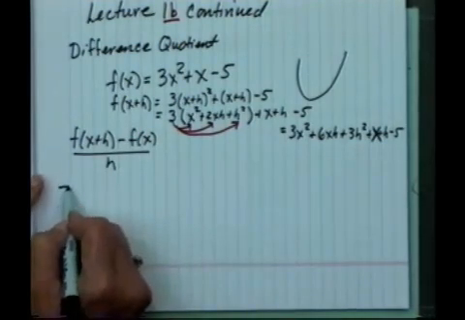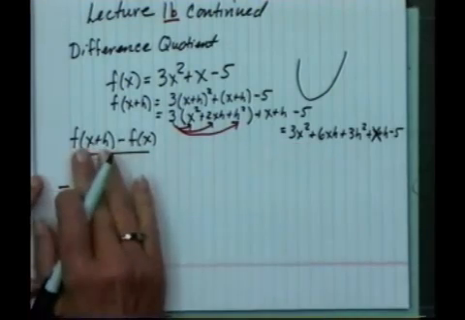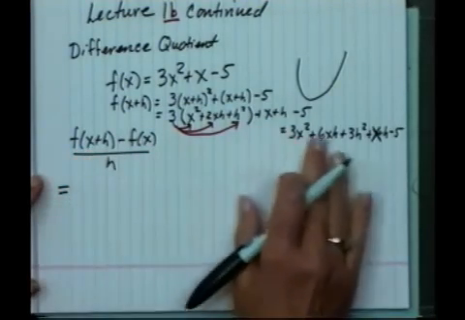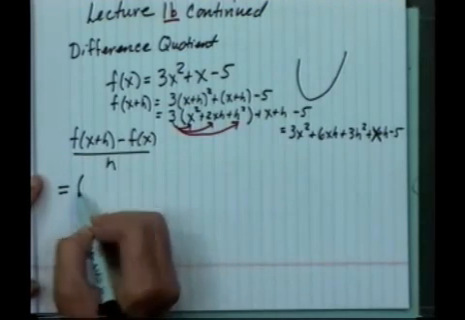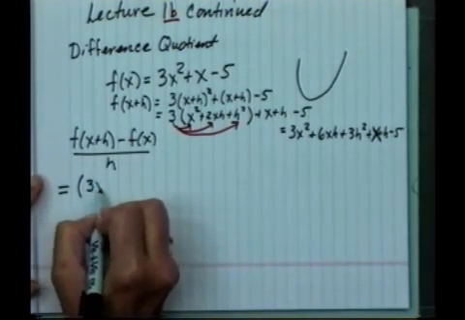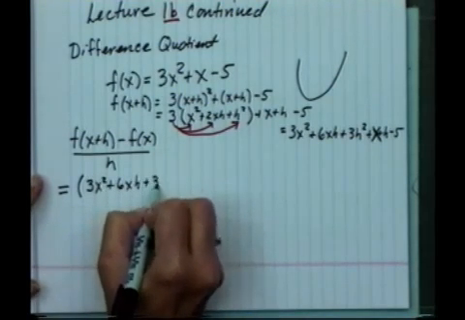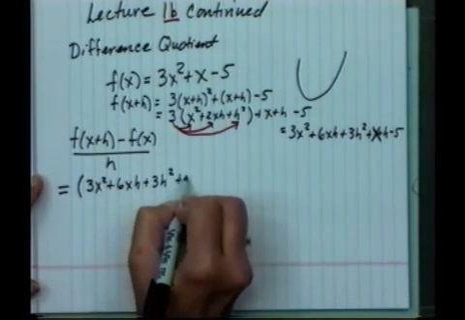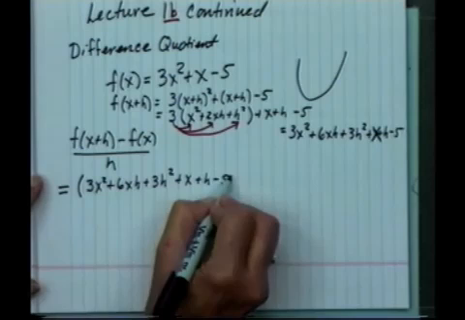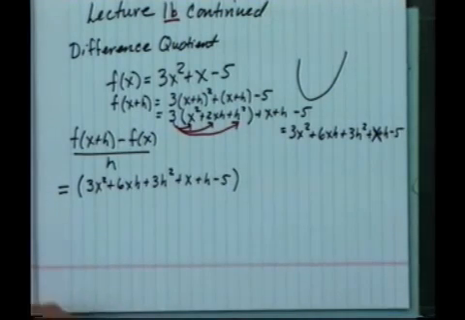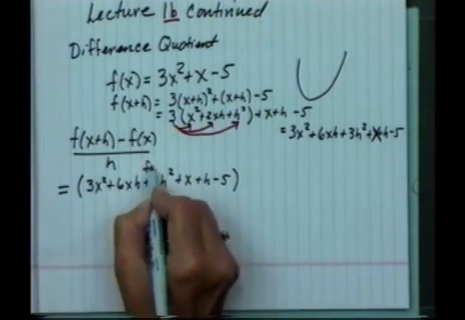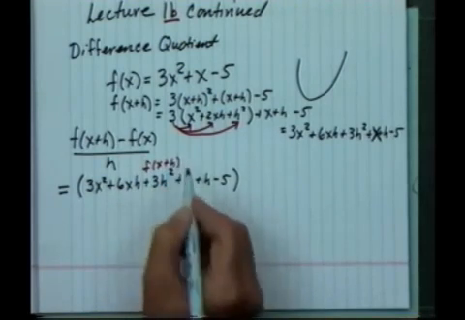I'm going to do my famous plug and chug. F of x plus h. Remember, be sure you put in your parentheses: 3x squared plus 6xh plus 3h squared plus x plus h minus 5. That is my f of x plus h.